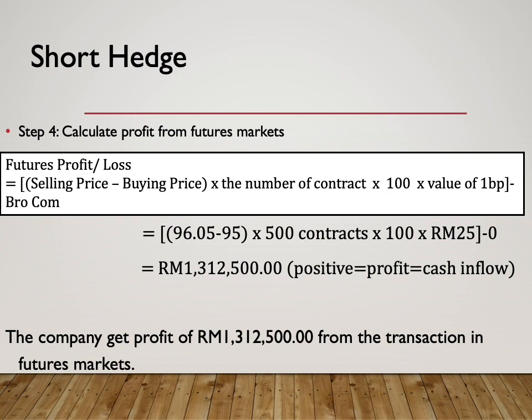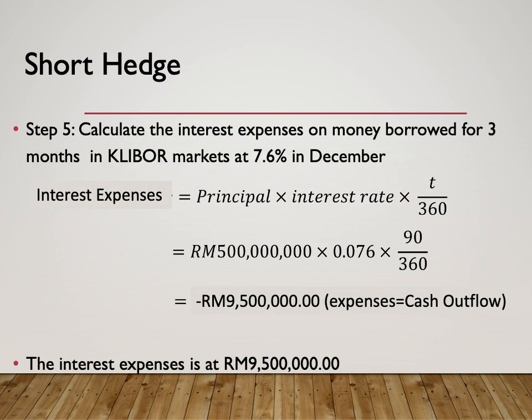Step number 5, you need to calculate the interest expenses on money borrowed for 3 months in the CLIBOR market at 7.6% in December. So why interest expenses? Because in a short hedge, you borrow money. When you borrow money, you need to pay interest. So the formula is principal times interest rate times T divided by 360.